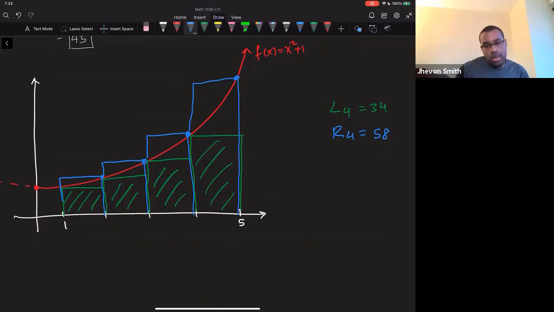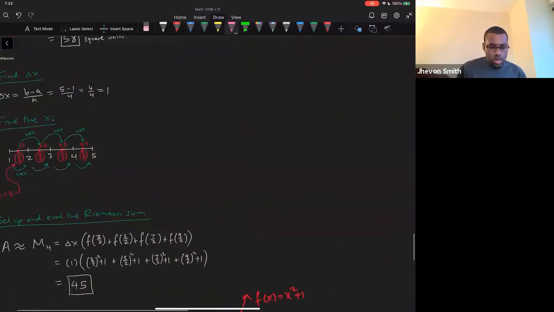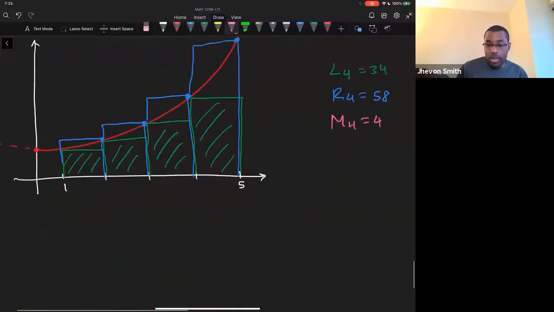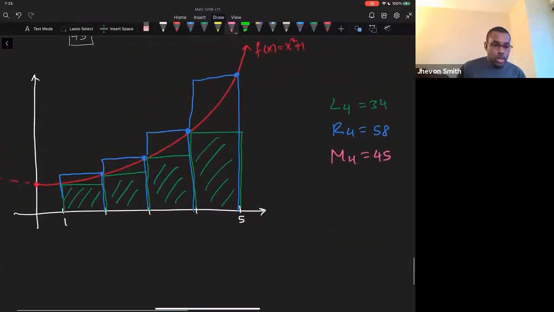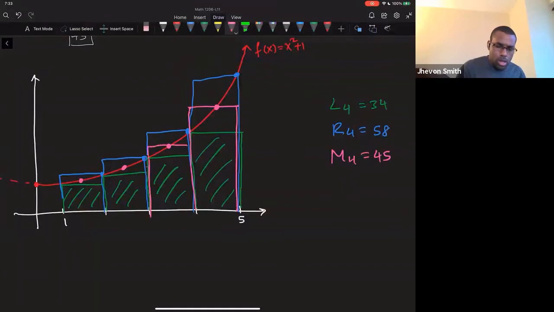And then you had, I don't know what I'm going to use for this, pink. And then you had the midpoint approximation, which was 45. It's actually going to be much closer. So you have these points here in the middle. Right.